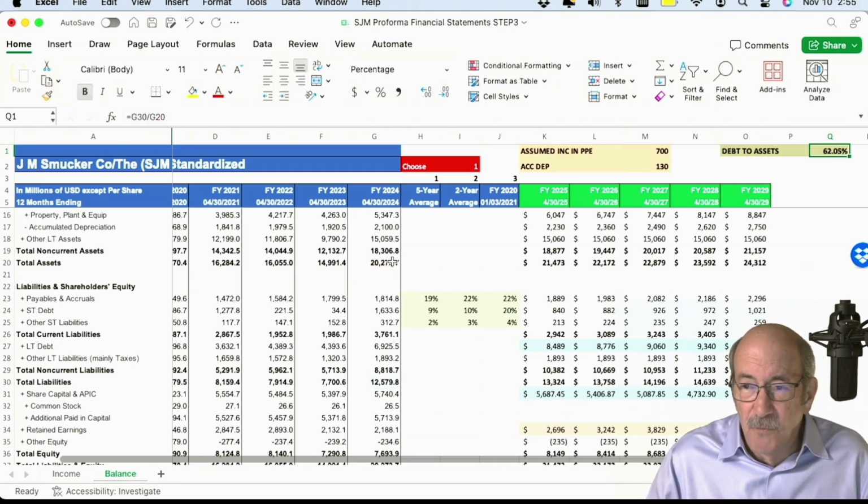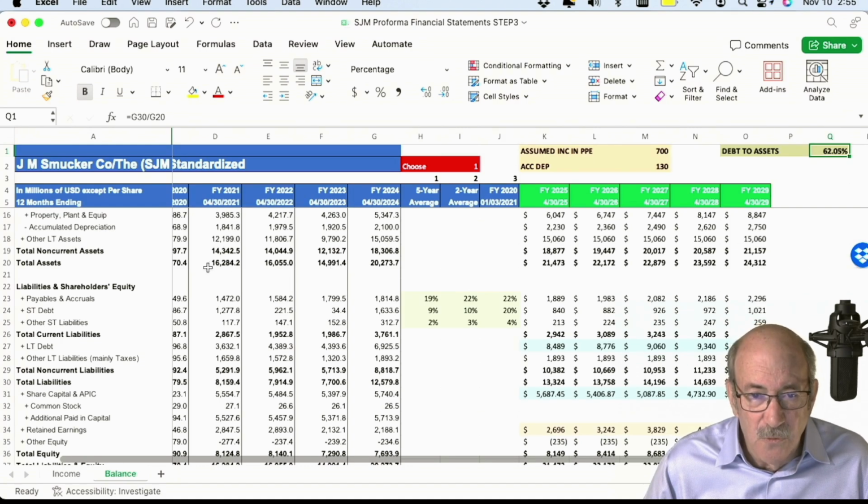Now, I just went with that number. I would strongly recommend, though, that you look back historically and see what that number's been over the prior 4 years, before 2024.